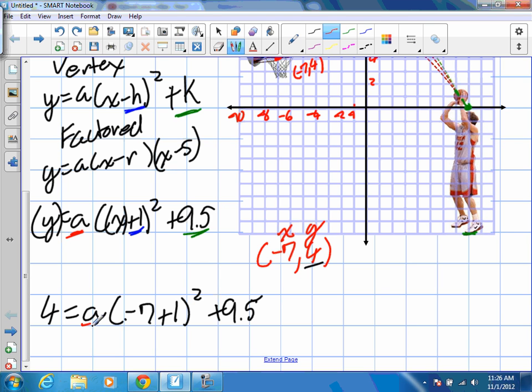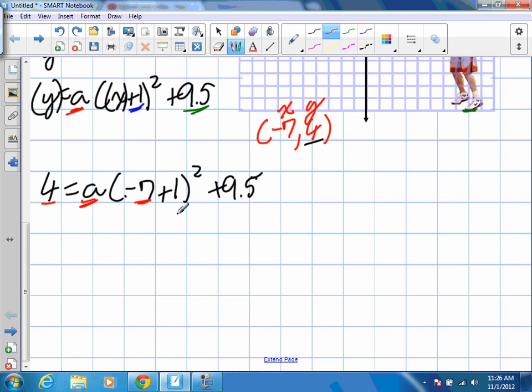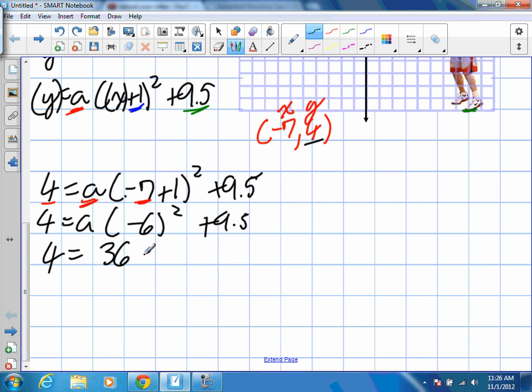Okay, so from here, the only variable left is the a variable. We substituted values in for x and y, which means we can now isolate for a to figure out what this equation will be. Okay, so we're going to go through BEDMAS. We still have 4 is equal to a times (negative 7 plus 1), so negative 6 squared, plus 9.5. This is going to be 4 is equal to, what's negative 6 squared? 36, times a. Good. 36a plus 9.5. We'll take 9.5 to the other side of the equation.